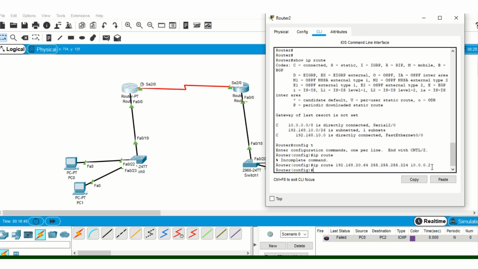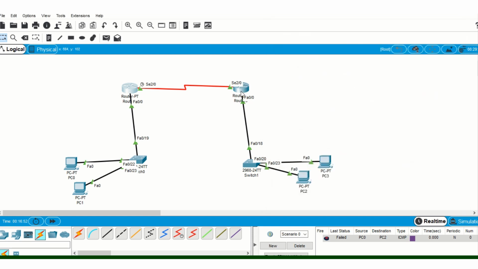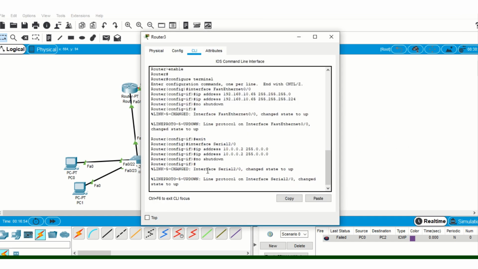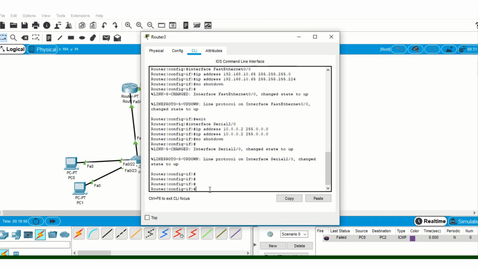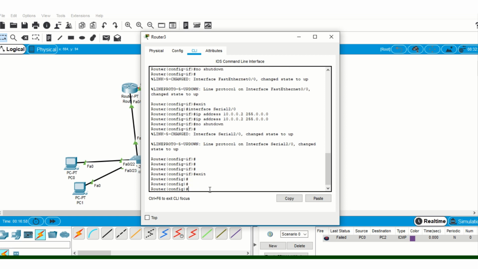Network has been added, and on this side I will add the network route for this network.